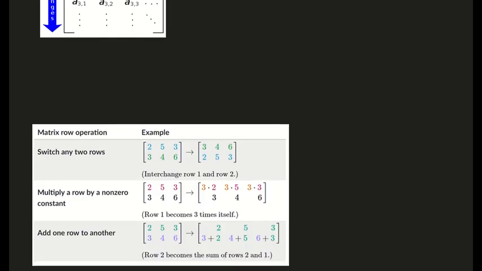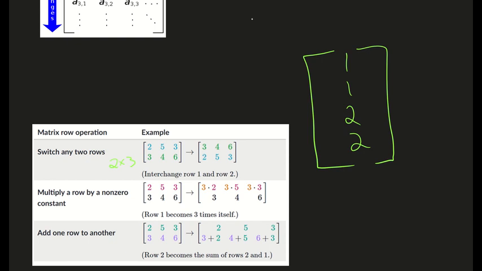If we look at a matrix like this one, it has 2 rows and 3 columns, so it's a 2 by 3 matrix. This one, it has 4 rows and 1 column, so it's a 4 by 1 matrix.